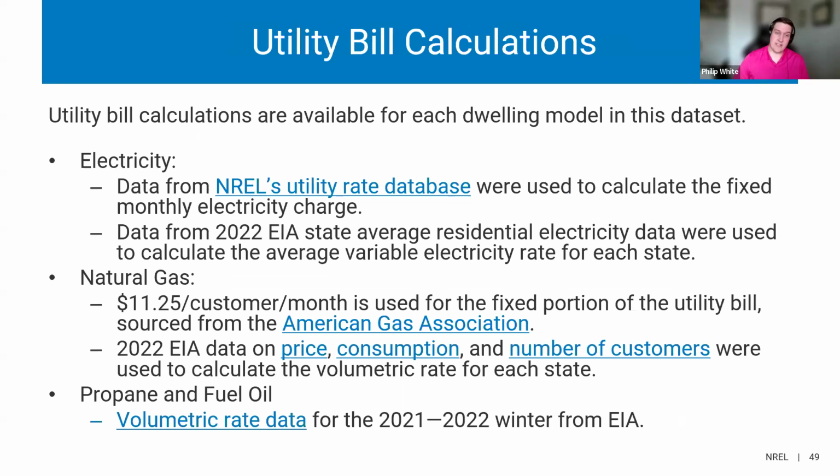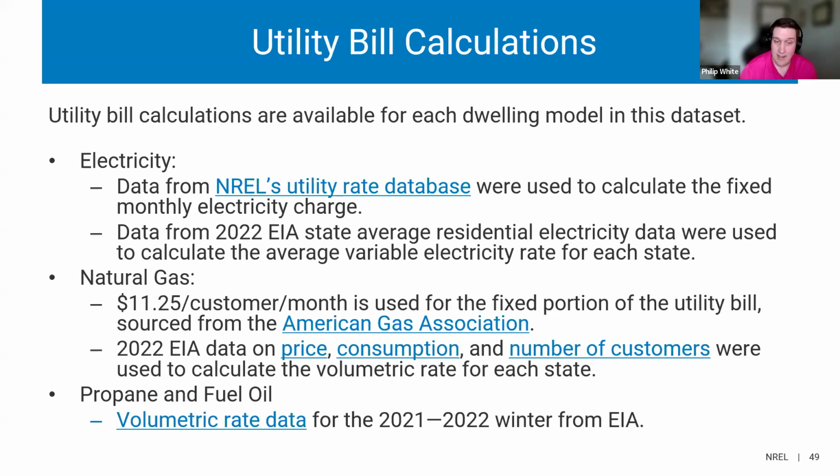And a new addition to this data set is utility bills. Estimates for electricity, natural gas, propane, and fuel oil rates for each of the contiguous 48 states and DC were calculated using existing public data from NREL's utility rate database, the EIA, and the American Gas Association. At the time of publication of this dataset, that meant most of our utility bill data stems from the years 2021, 2022.